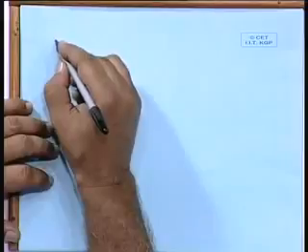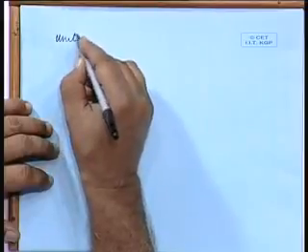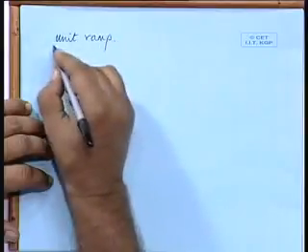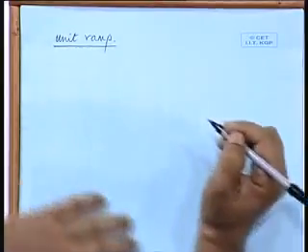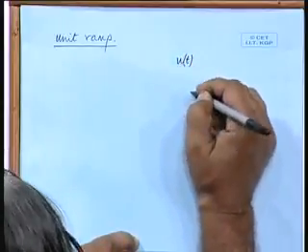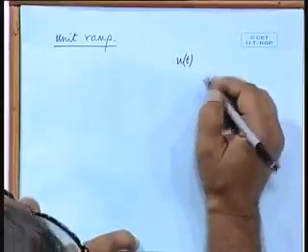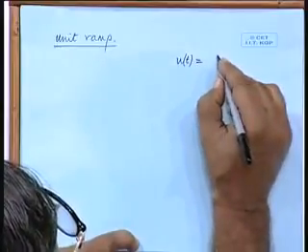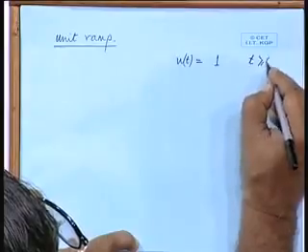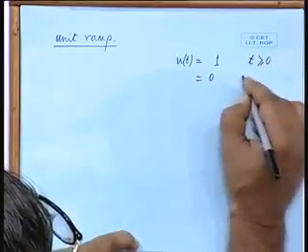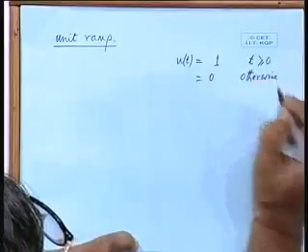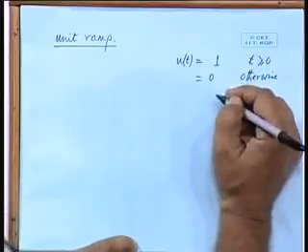Then we have the unit ramp. For the unit step, we use the notation u(t), that is equal to 1 volt when t is greater than or equal to 0, equal to 0 otherwise, or in the negative region of time. Okay. This is for the unit step.